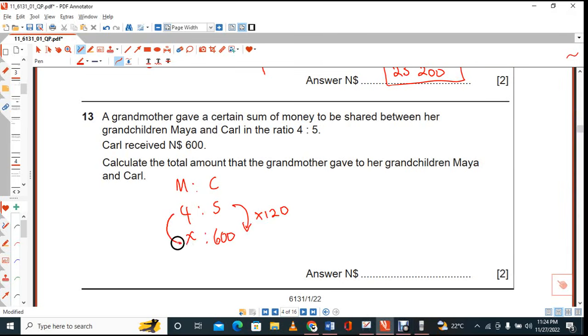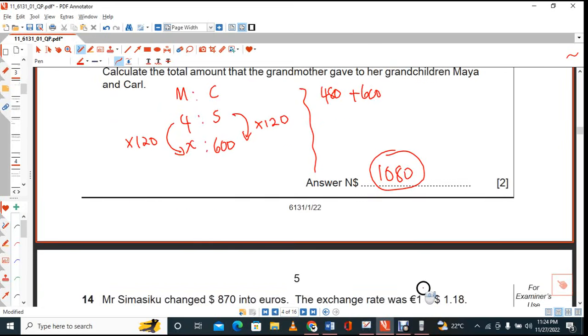So in order for me to know how much Maya received, I will multiply her amount there by 120. So Maya's is then 480 plus the 600 of Carl. So all in all, it's $1,080 that the grandmother gave to her grandchildren.